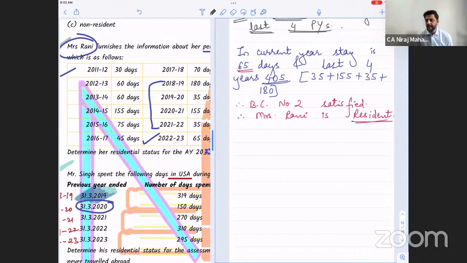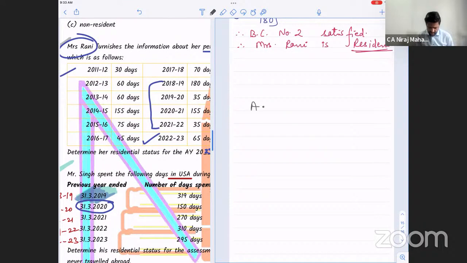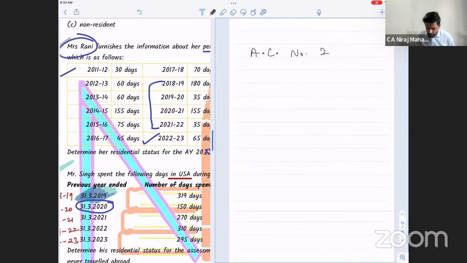Now I know that even if one additional condition is not satisfied, the answer is what? I am repeating, pay attention. Even if one additional condition is not satisfied, the answer becomes RNOR. If additional condition number 2 is not satisfied, is there any use of checking additional condition number 1?